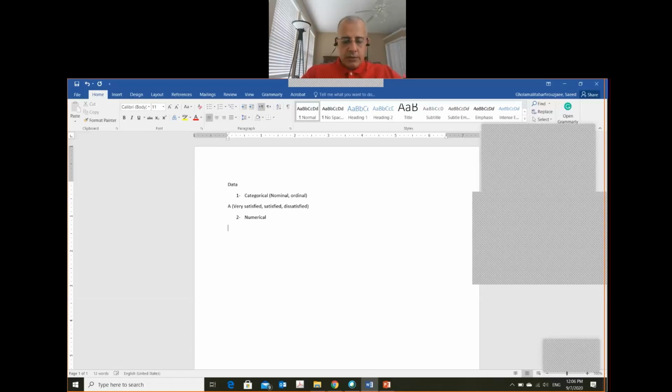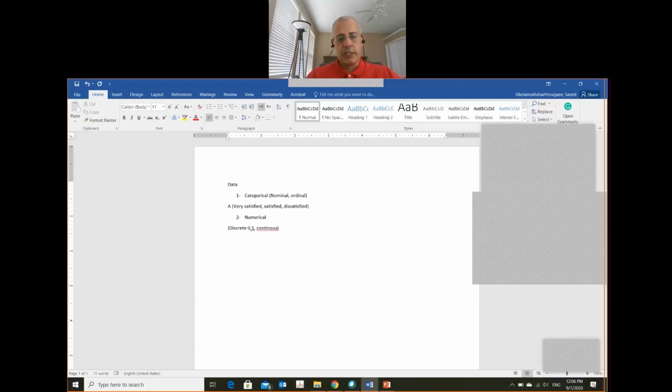We classified numbers into two categories last week. We divide them into discrete, like binary values 0 and 1, and we also define continuous values. This is one classification regarding the numerical variable.